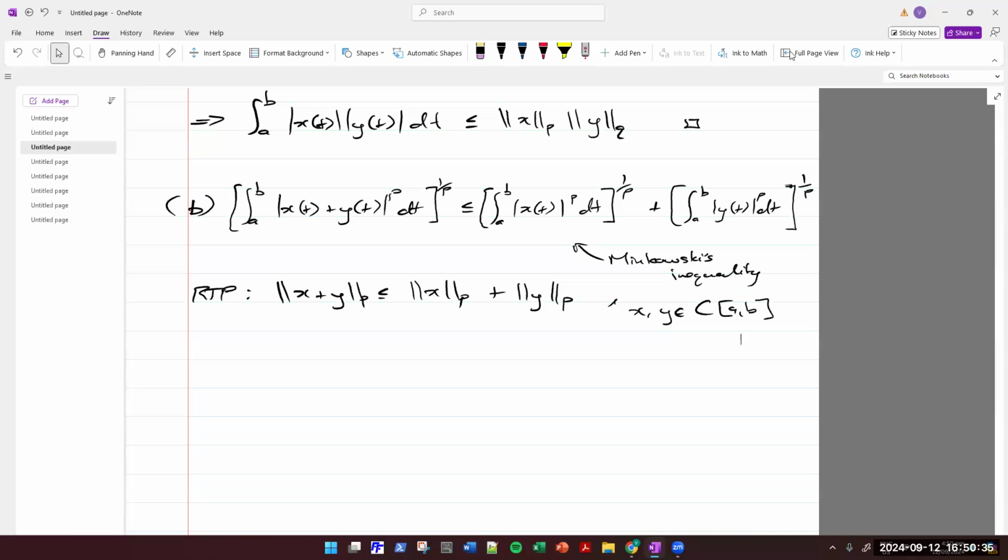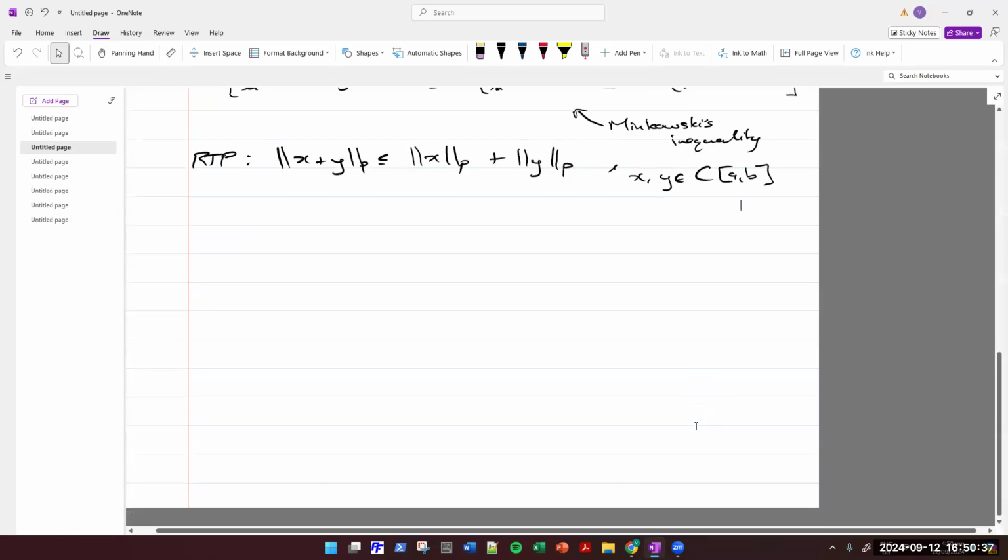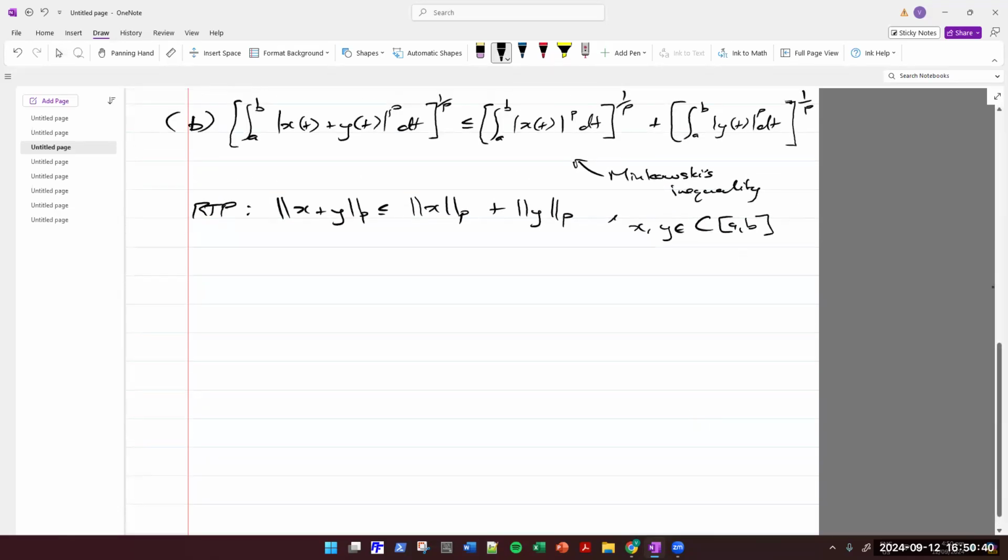Okay, so what's the trick? The trick is, the left-hand side, we're going to write that to the power of p. So this is our starting point. I'm going to take whatever I have on the left-hand side and raise that to the power of p.